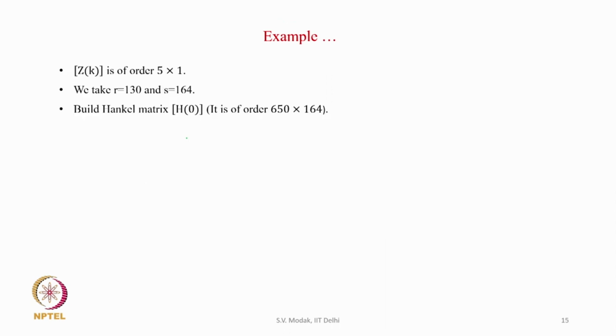In this case we have the matrix of free pulse responses, or matrix of free decay responses. It is of order 5 into 1 because we have one set of excitations applied, and the responses are measured at 5 points.